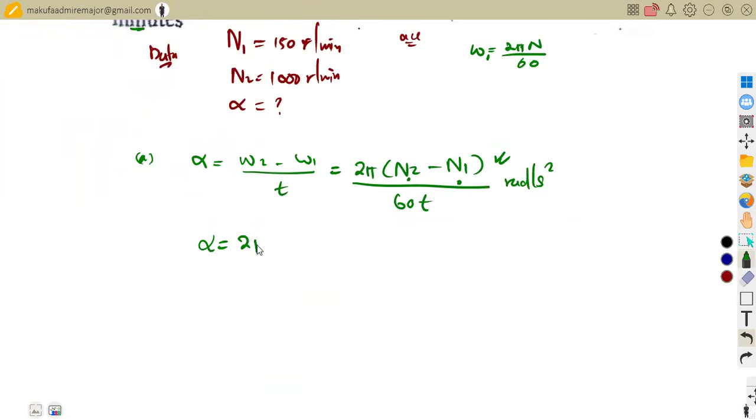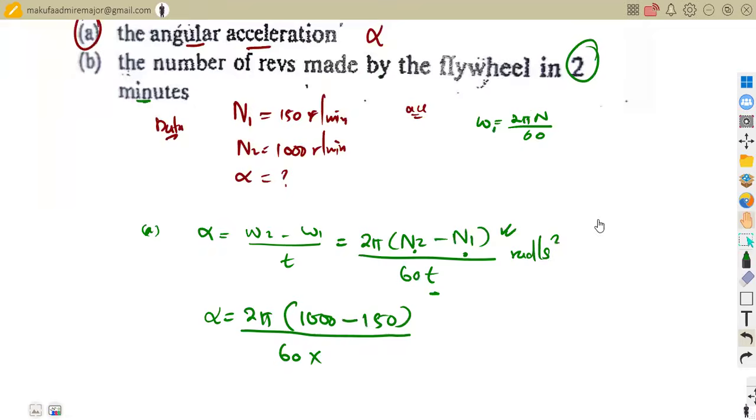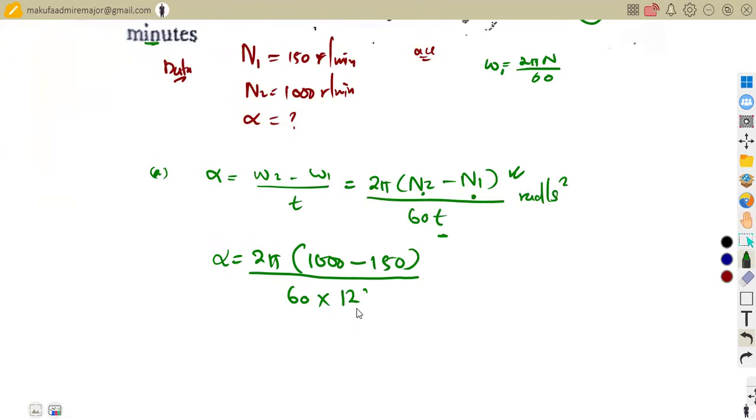That is 2 pi times n2, which is 1000, minus n1, which is 150, everything over 60 times the time. The time is supposed to be in seconds, which is 120 seconds.